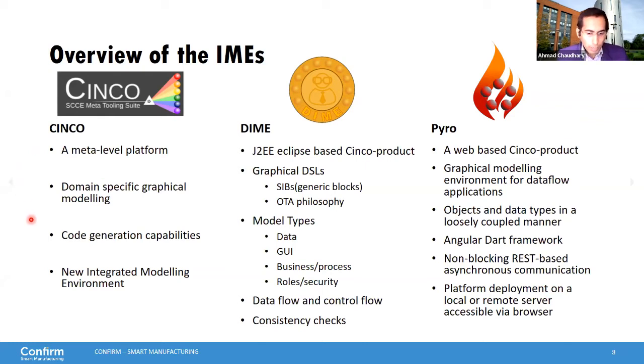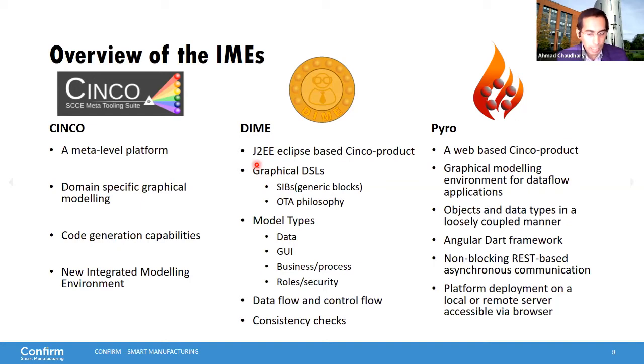With CINCO, one can easily define the properties and extend the functionalities of CINCO and develop their own products. So here we will consider two CINCO products that are DIME and Pyro. DIME is a J2EE Eclipse-based CINCO product for designing web applications on the basis of graphical drag and drop DSLs.